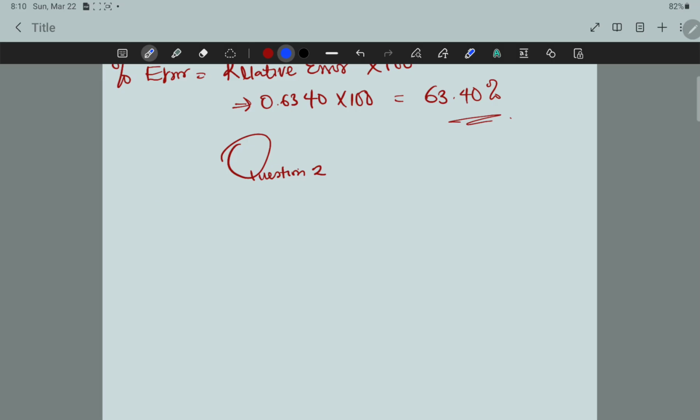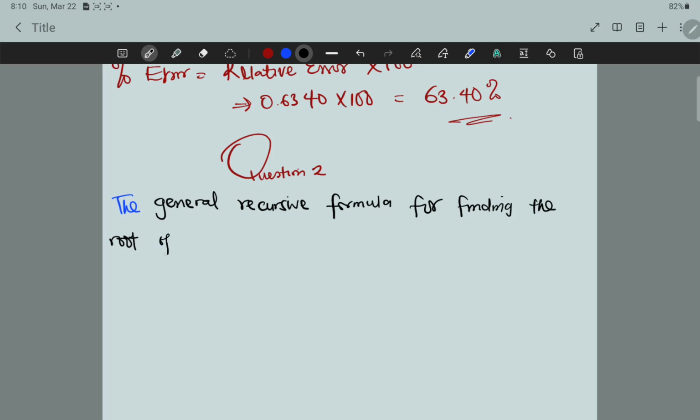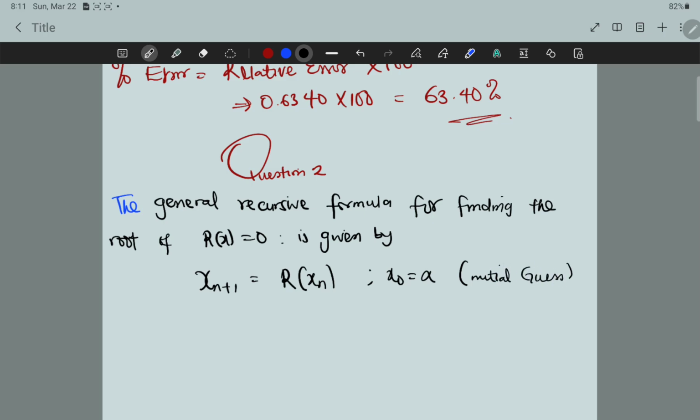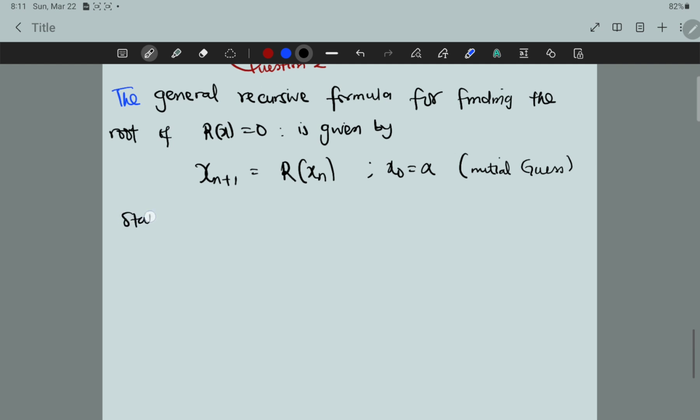Let's read the question out. It says the general recursive formula for finding the root of R(x) is equal to 0 is given by x_{n+1} is equal to R(x_n), as x naught is equal to alpha, the initial guess.